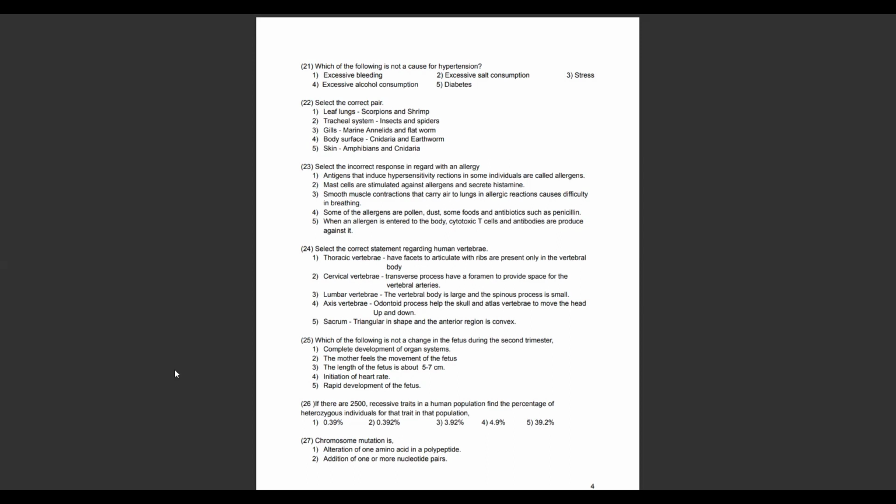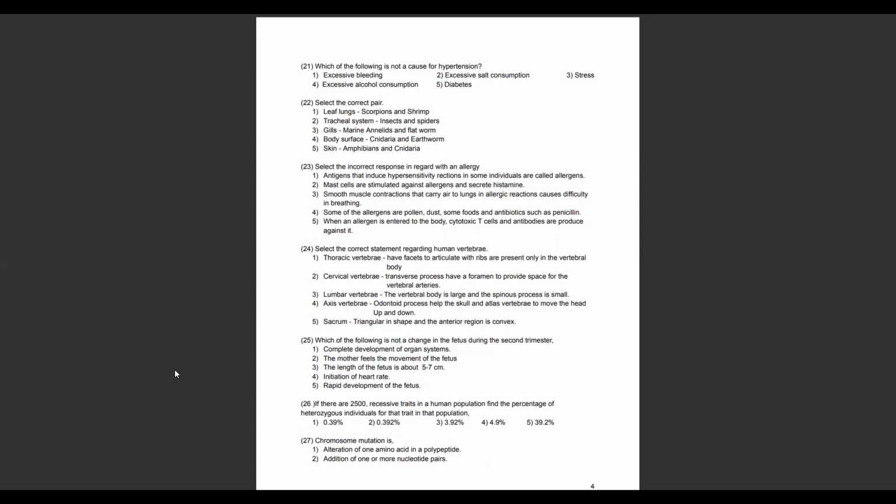Then mast cells are stimulated against allergens and secrete histamine and other inflammatory chemicals. That is also correct. Smooth muscle contraction in the airways of the lung in an allergic reaction can cause difficulty in breathing, right?